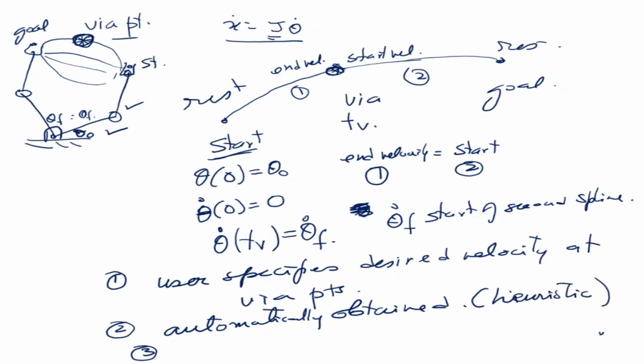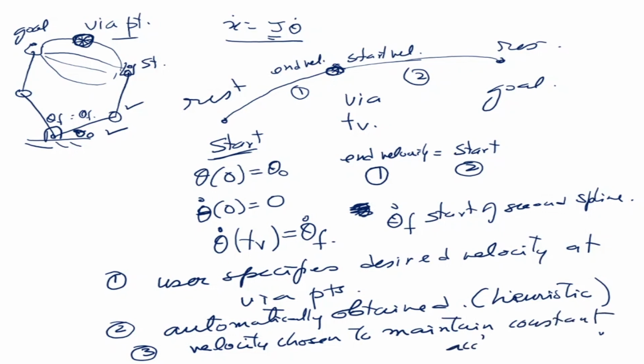The third is the system automatically chooses the velocity at via points, velocity chosen to maintain constant acceleration. At the via point, to maintain this acceleration constant, it will choose the velocity in such a way.